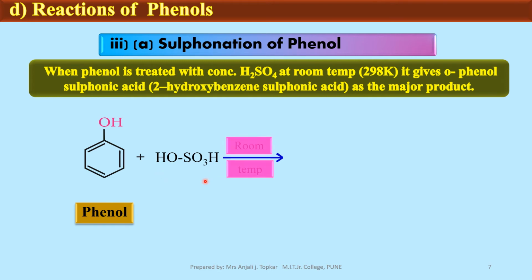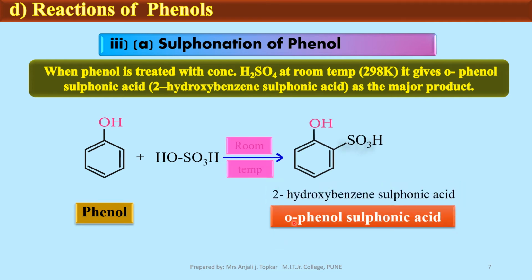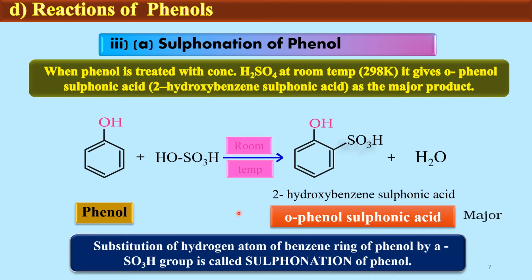As the reaction is taking place at room temperature, the product obtained is in such a way to form orthophenol sulfonic acid or 2-hydroxybenzene sulfonic acid. Substitution of hydrogen atom of benzene ring of phenol by SO3H group is called sulfonation of phenol.